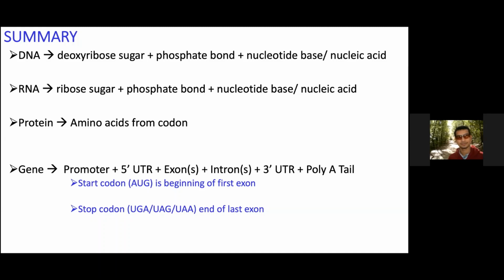And the protein has all the amino acid sequences which come from the codon, and they are made with the tRNA, which has the anticodon. And a gene consists of promoter, 5' UTR, exon, intron, 3' UTR, and poly A tail. And so start codon is always the beginning of the first exon, while stop codon is the end of the last exon.